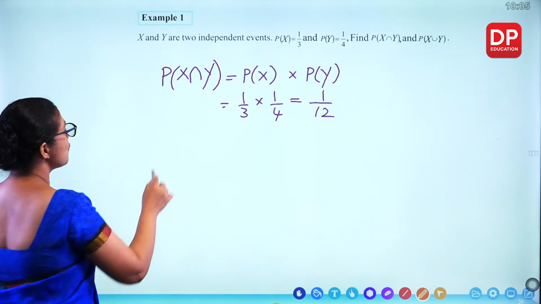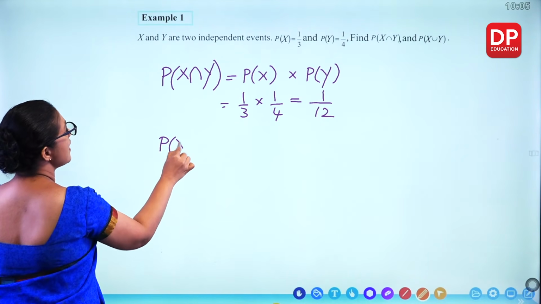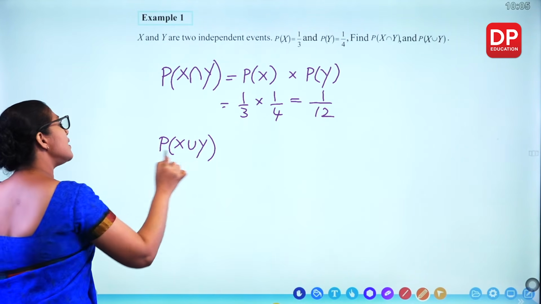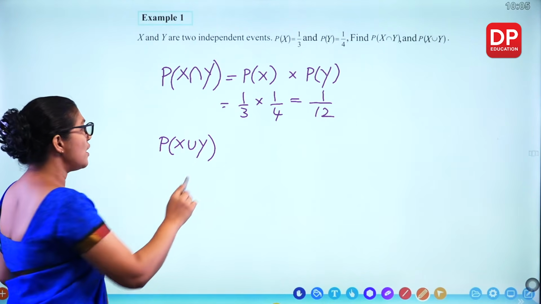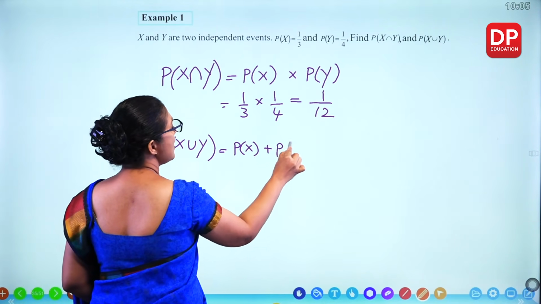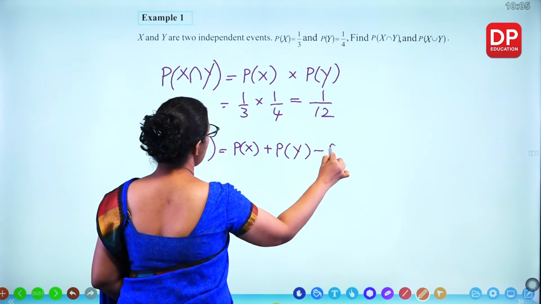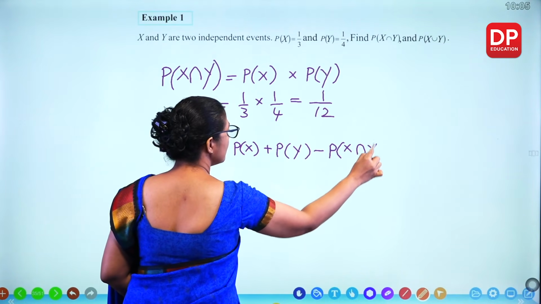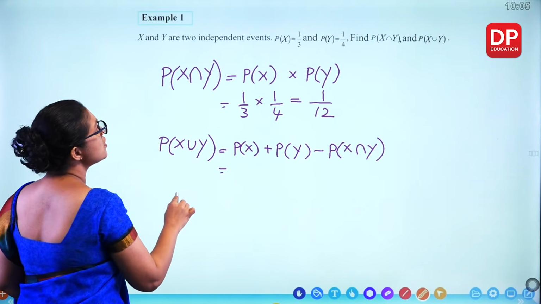Then you are asked to find out the union, X union Y. Can you remember the earlier formula? That's equal to P(X) plus P(Y) minus the intersection. Substitute.